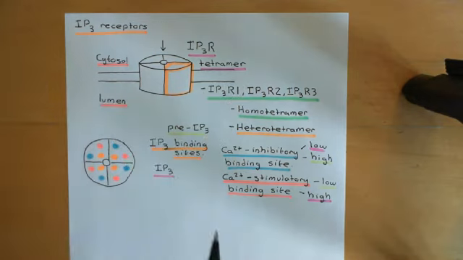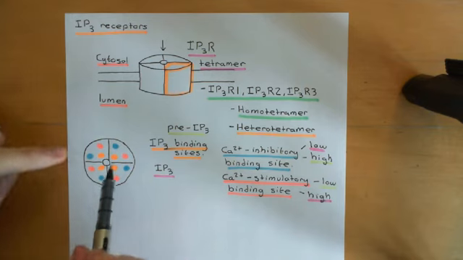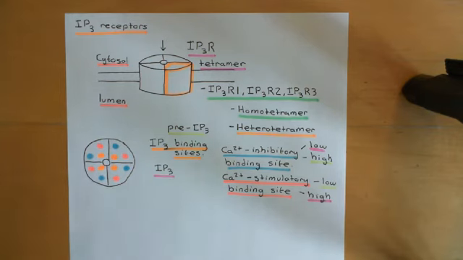Now with the much higher concentration of calcium, you're not just going to get calcium binding to the calcium stimulatory binding sites anymore. You're going to start getting calcium binding to these lower affinity calcium inhibitory binding sites. So calciums will now be in both of the sites, and we know what that then causes. It causes the channel to close again.